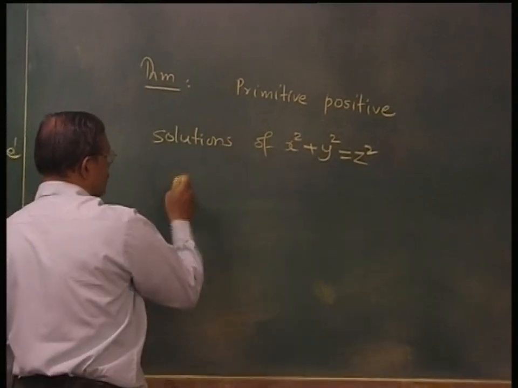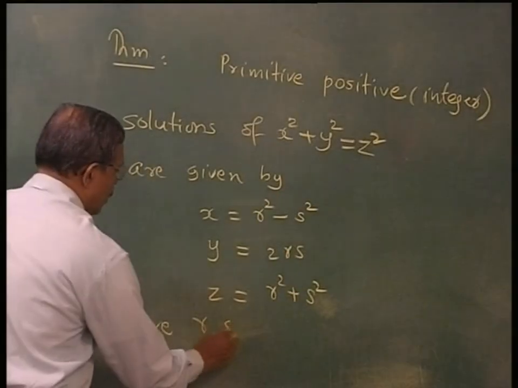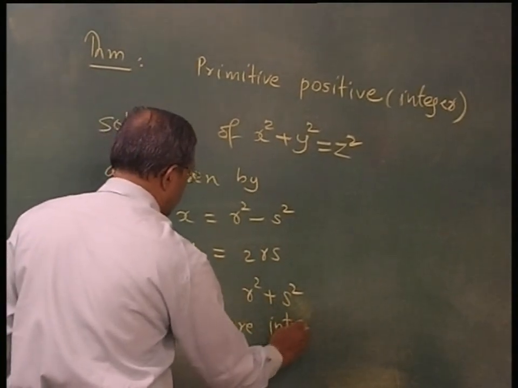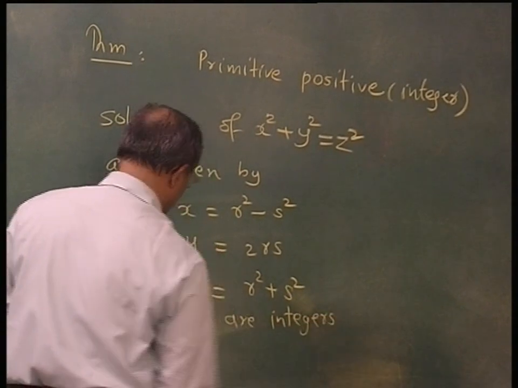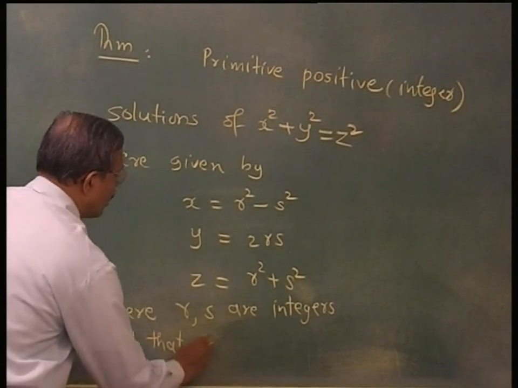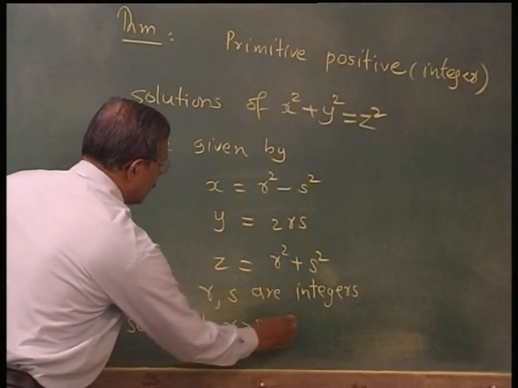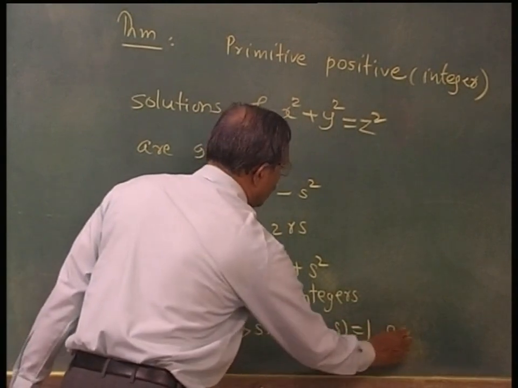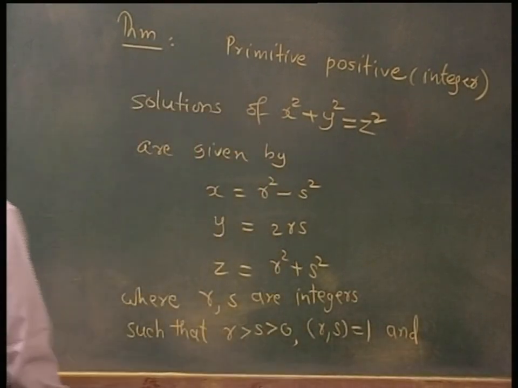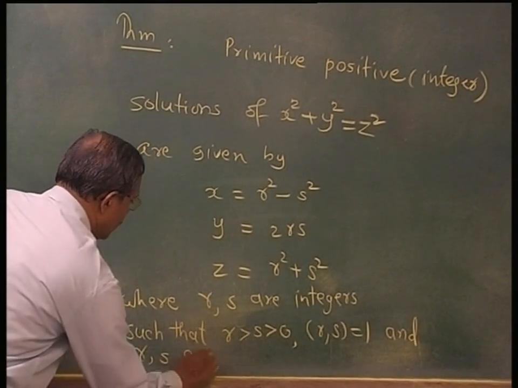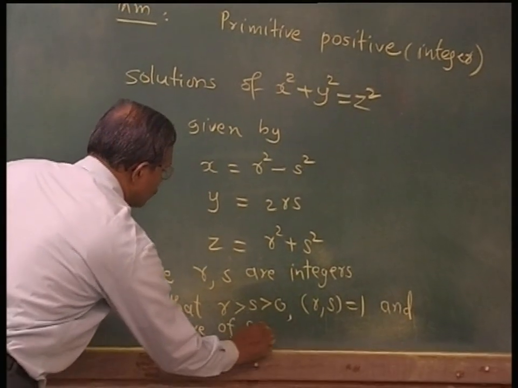This is a Diophantine equation, and we want R and S integers such that R is bigger than S bigger than 0, gcd of R and S equal to 1, and R and S are of opposite parity.